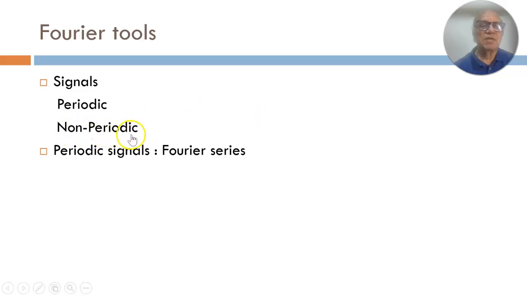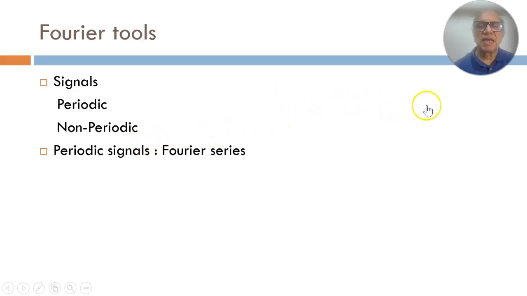What about non-periodic signals? For example, consider a rectangular pulse which occurs only once, and once it has occurred, afterwards it is zero, and before it occurs, the value is again zero, which means it's not periodic at all. Or you can have a random signal.